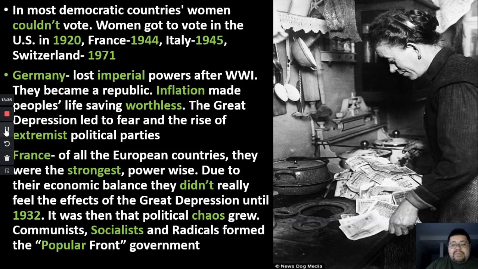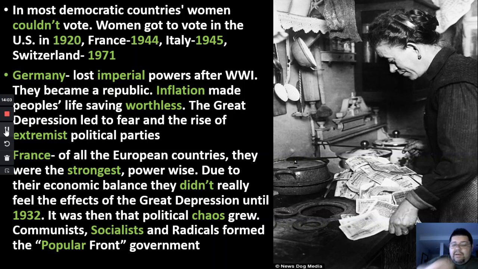So a lot of people burned the money because, hey, I'd rather start my stove so I can cook my meals and keep my house warm than have it, because it's meaning nothing right now. This money is worthless, and this fear gave rise to extremist political parties, which we're going to be talking about next class.